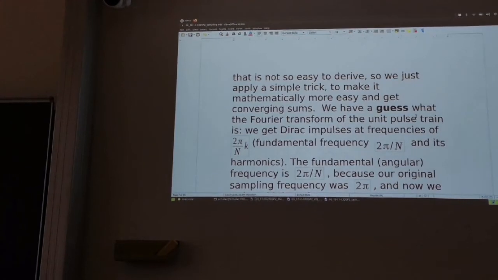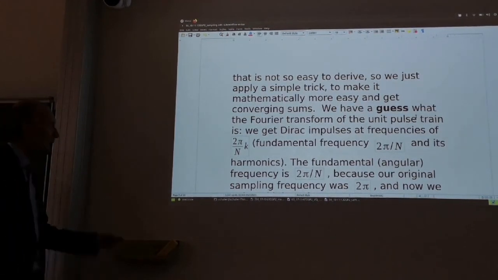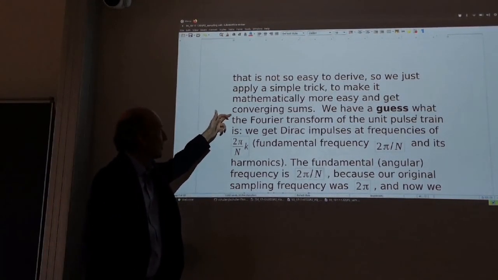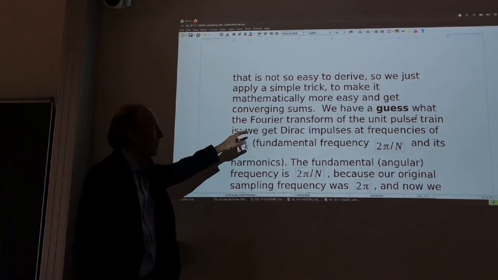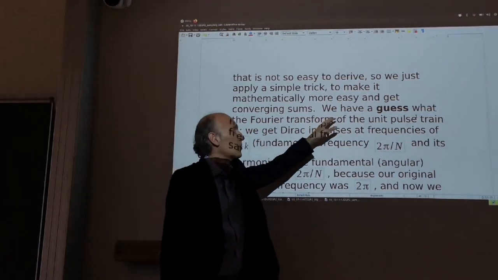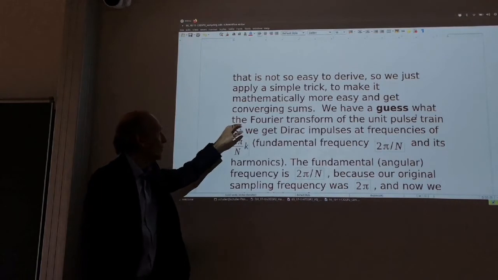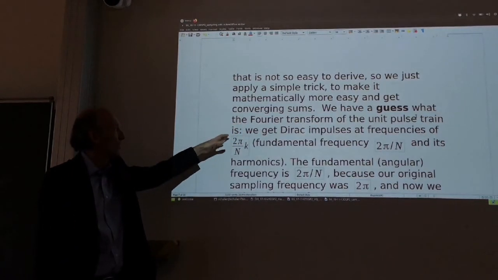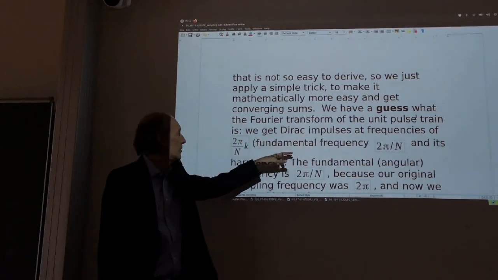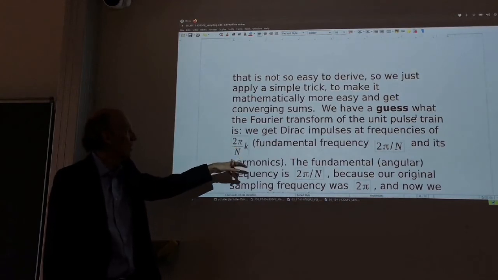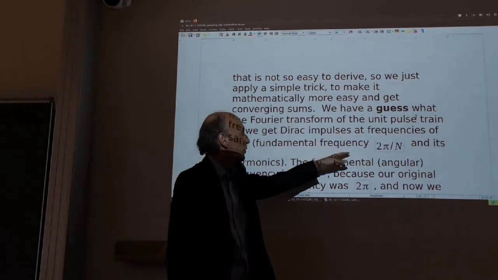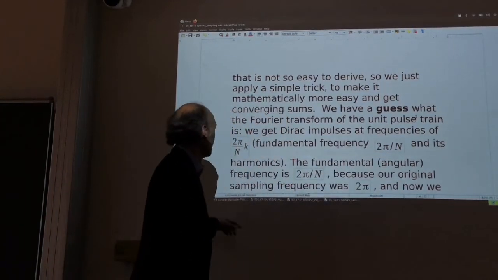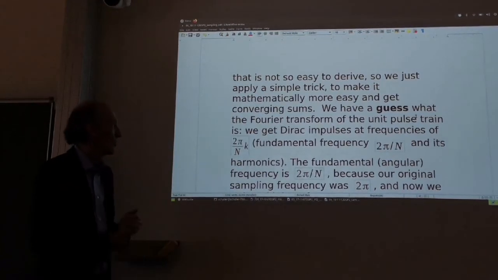So we just apply a simple trick to make it mathematically easier and get convergent sums. We start in the frequency domain and have to guess what the Fourier transform of the unit pulse train is. We get Dirac pulses at frequencies of 2 pi over N times k, where we have a fundamental frequency of 2 pi over N, and its harmonics.